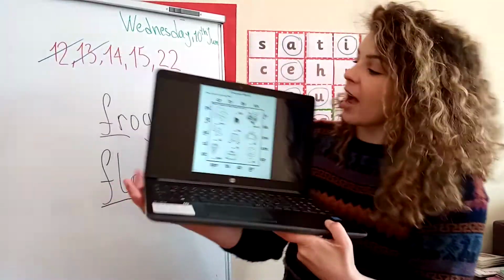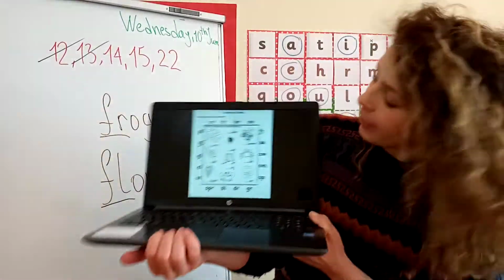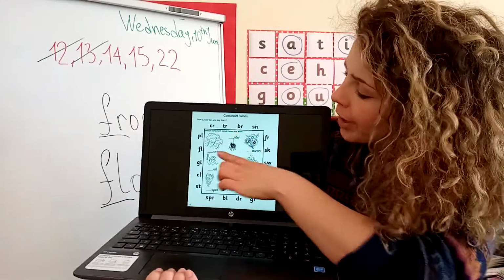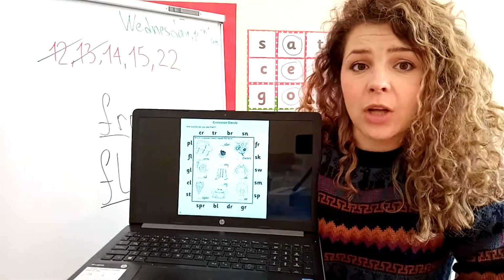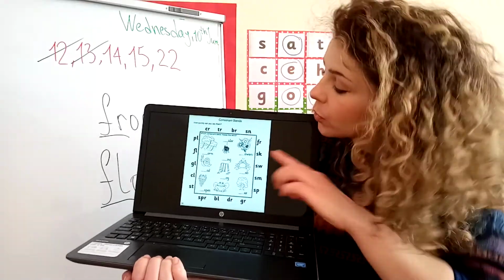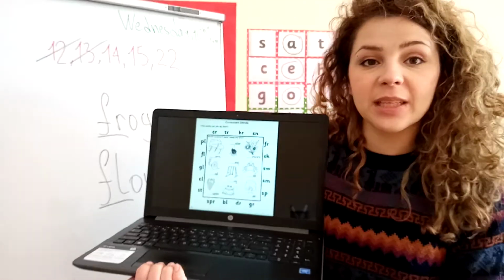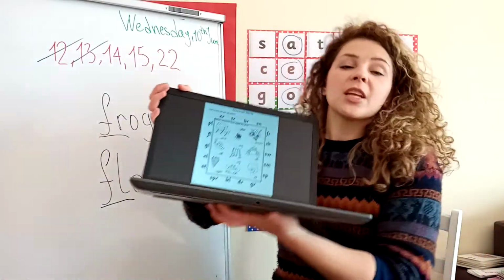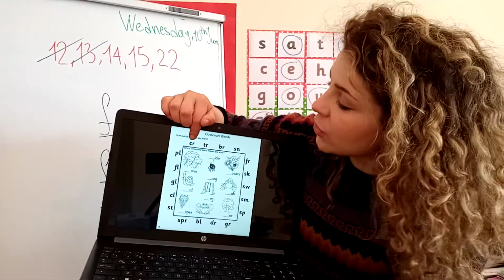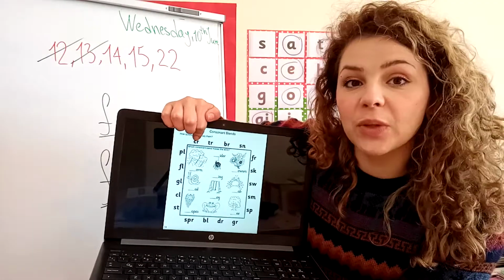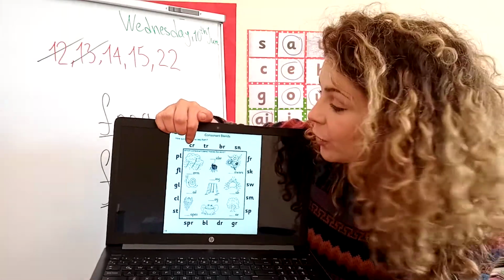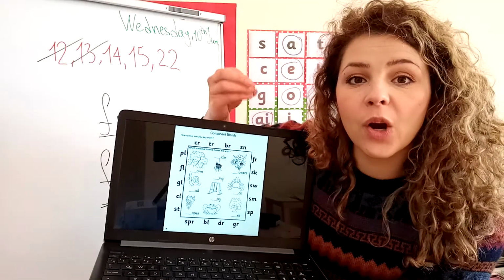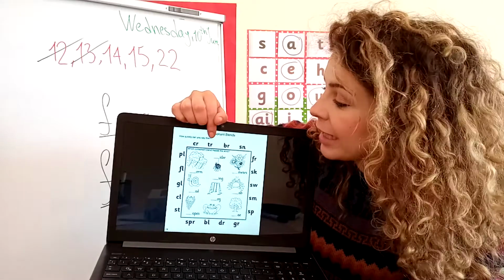You here have a task. You have this picture with many consonant blends around, and you have words missing their initial consonant blends. So what you need to do is to write the first two letters that are missing next to each word, yeah? But what is the tricky part? To hear this, you need to try first to read these two letters together, to blend them together, okay? So you have k-r, kr, you're blending them.